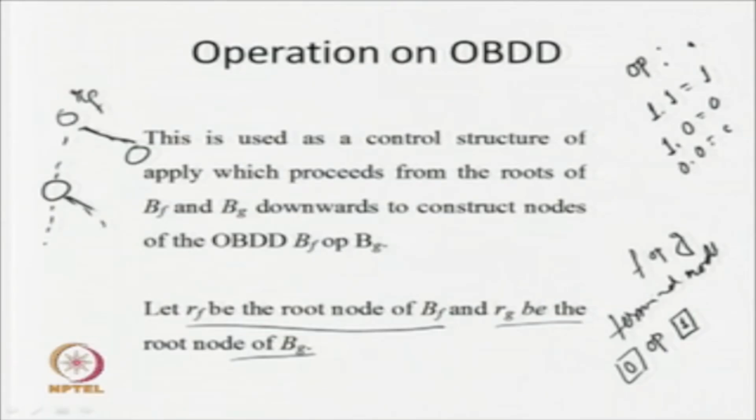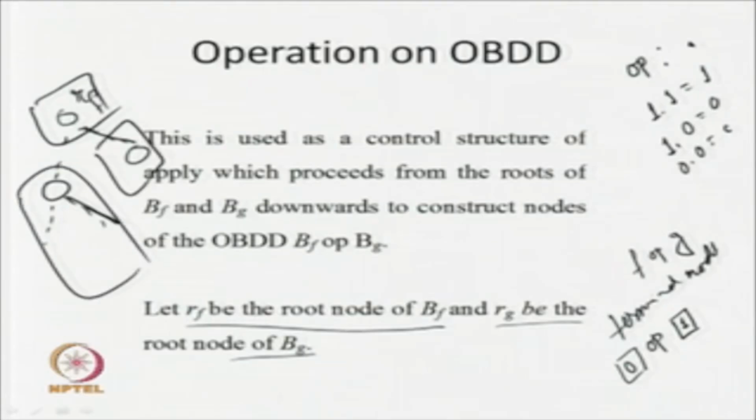Now, I can apply it at any level. Once I take the decision over here, I have to look at these two sub BDDs. When I come to these sub BDDs, I will say that this is my root node RF. That is why, in general, I am saying let RF be the root node of BF, and RG be the root node of BG.